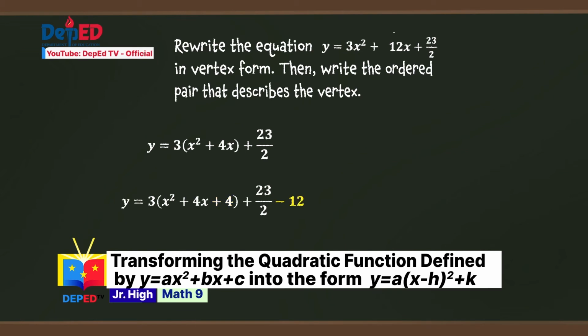Then, we subtract from 23 over 2 the product of 4 and the leading coefficient 3, which is 12. This can be rewritten as y equals 3 times the square of the binomial x plus 2 minus 1/2. This is already the vertex form of the function, and the vertex is described by the ordered pair -2, -1/2.